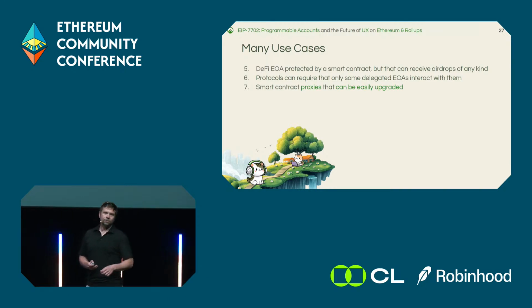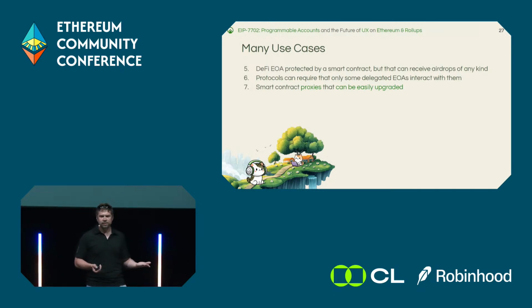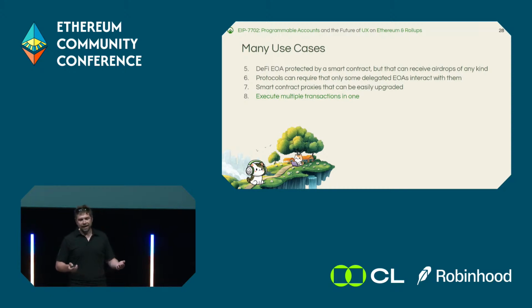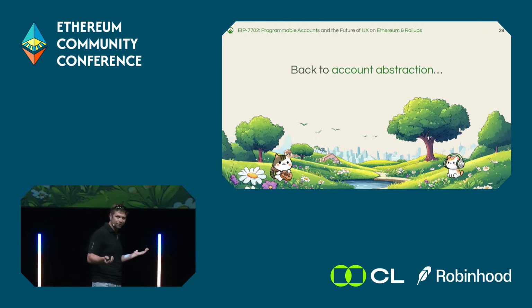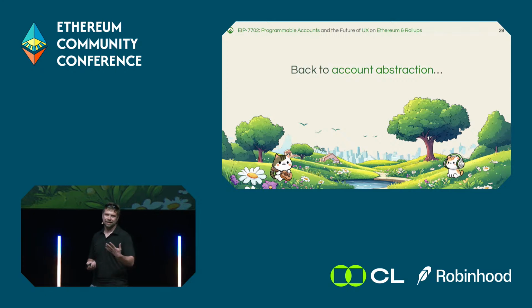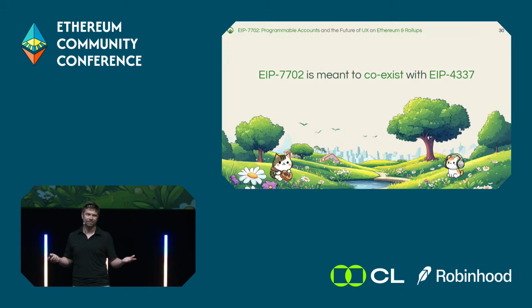Then, clearly you can use it for turning your accounts into smart contract proxies that can be very easily upgraded. You have the private key, and you are able to execute multiple transactions in one because, as I said, this was created with the intention of bringing account abstraction closer to the protocol of Ethereum natively.